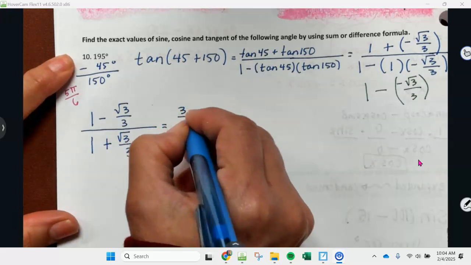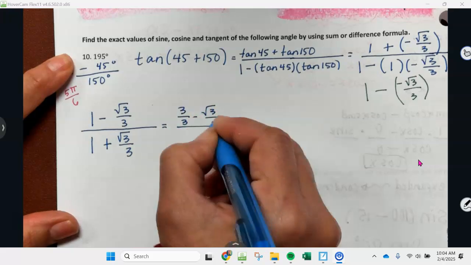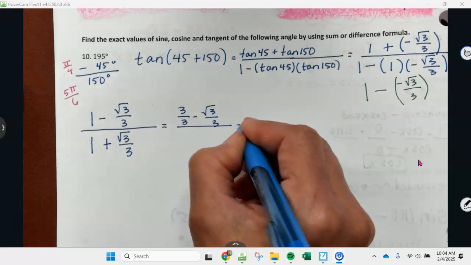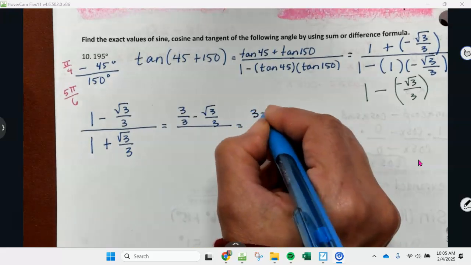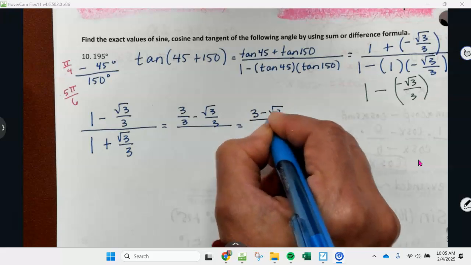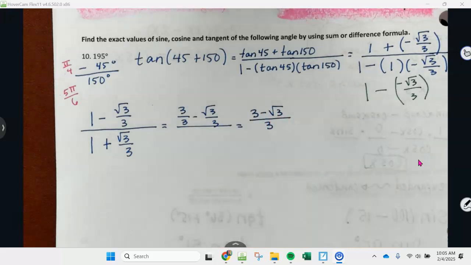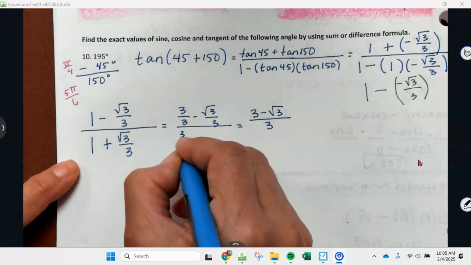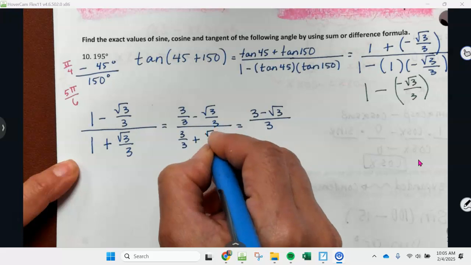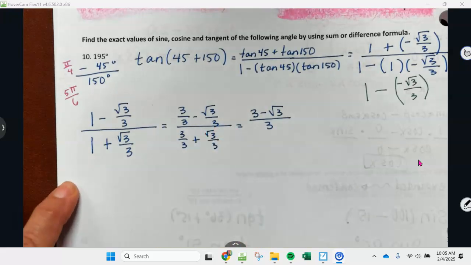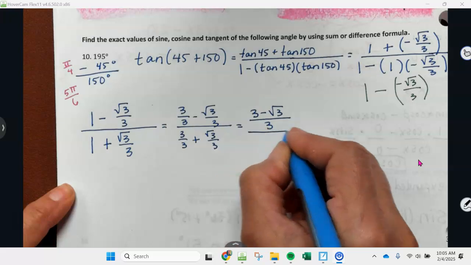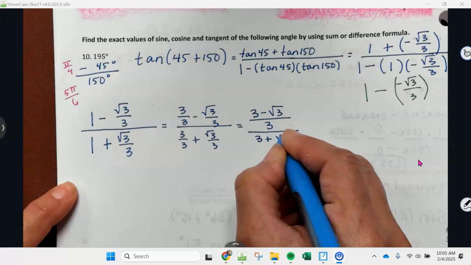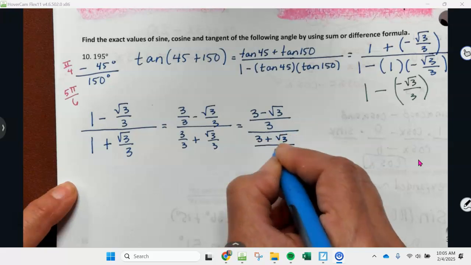That 1 I can rewrite as 3 over 3. So the numerator is going to turn into 3 minus root 3 over 3. There's the numerator. Let's look at the denominator. It's going to be 3 over 3 plus root 3 over 3. So the denominator is going to turn into 3 plus root 3 over 3.